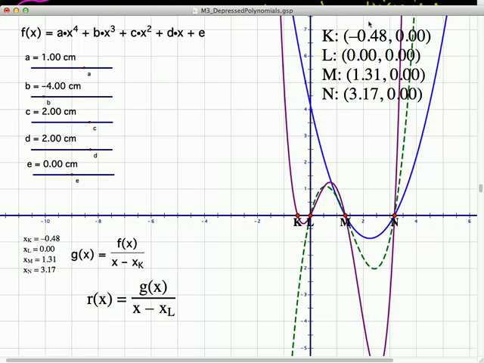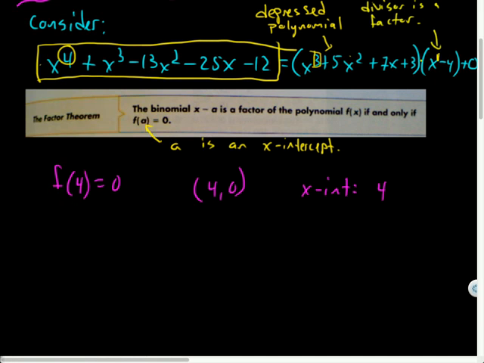But I just want you to understand that these depressed polynomials have nothing in common with the original graph other than the fact that their equation is a factor of the original and that they happen to have the missing x-intercepts that we don't originally know about. So that's kind of the big idea there.